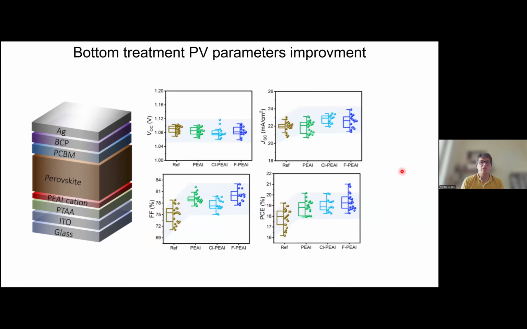And looking at the PV parameters, what we can observe is that there is no change in the VOC, a slight improvement in the current, but a nice improvement in the fill factor, and this can be ascribed to the perovskite sticking really well on the PTAA surface.